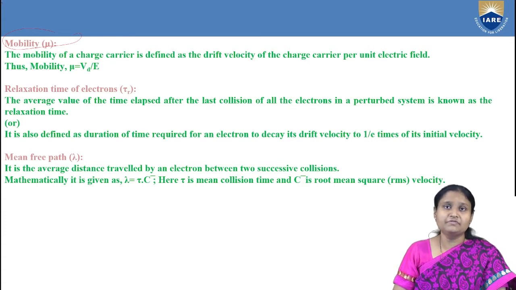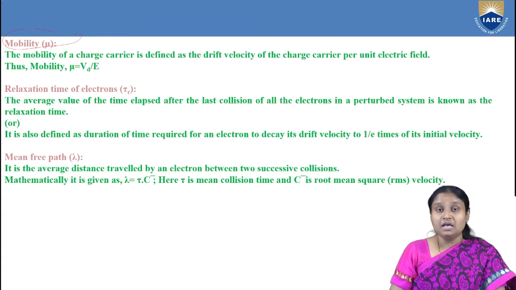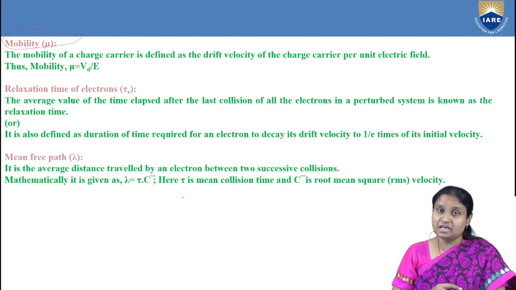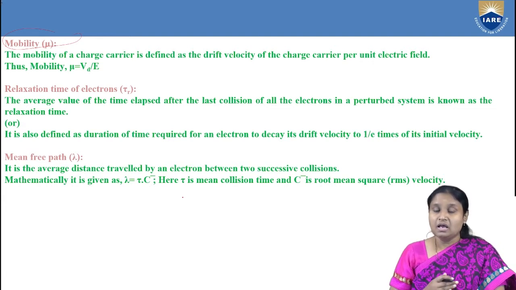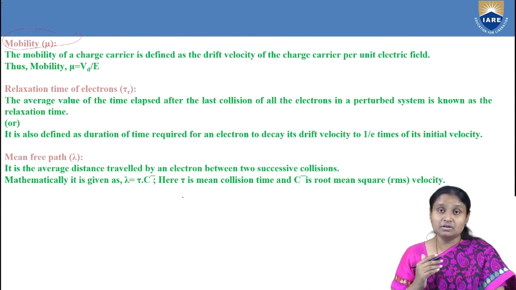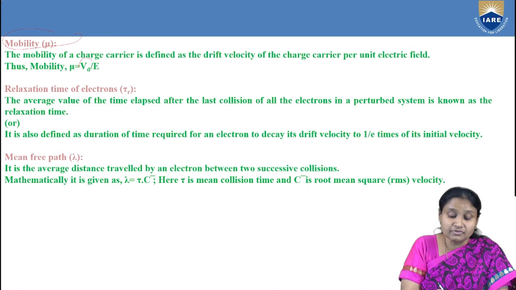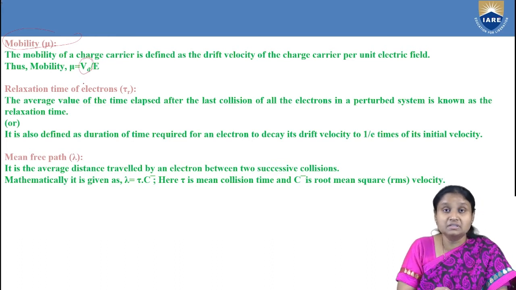Suppose I have such free electrons, and to those randomly moving electrons, I apply an electric field. All these electrons start moving in one particular direction, so they gain velocity in one particular direction. That velocity is called drift velocity, generally represented by Vd.